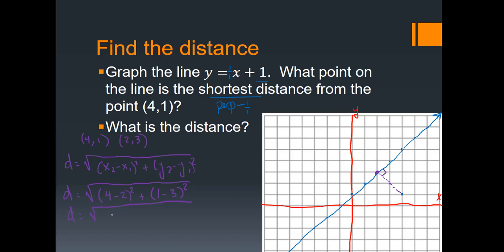So don't forget the square root all the way down. 4 minus 2 is 2. 1 minus 3 is negative 2. So we got 2 squared and negative 2 squared. Those are both 4. Then 4 plus 4 is 8. So it's the square root of 8. And you could approximate that on your calculator to approximately 2.8.